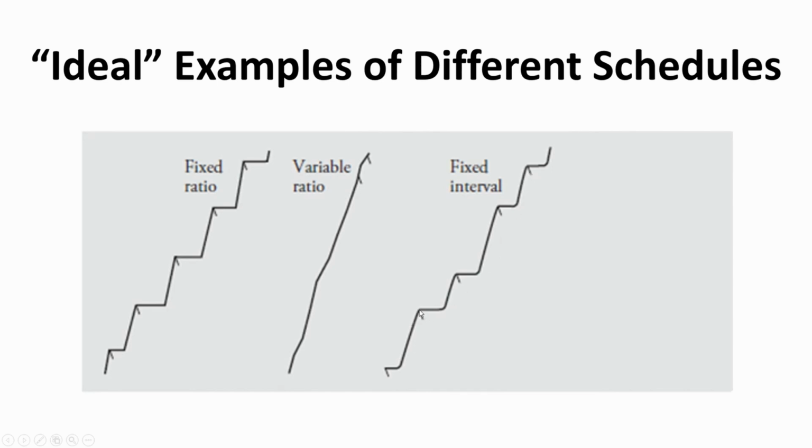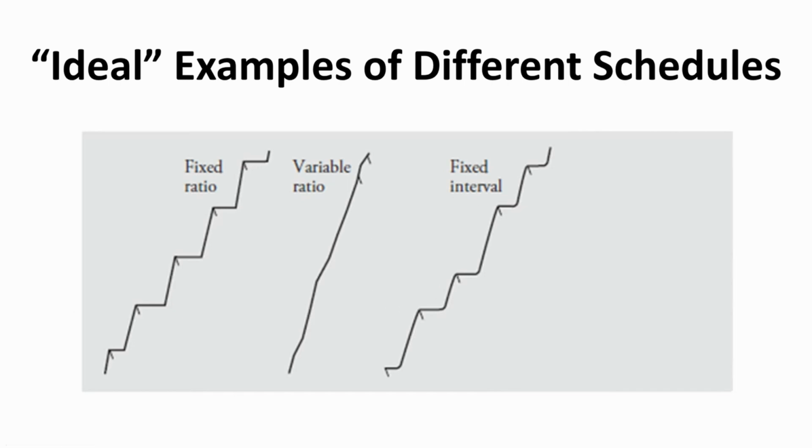There's a trailing off of behavior, same as before, where immediately after getting reinforcement, you know that you're not getting reinforced for a while, so you stop responding, and then you slowly start responding more and more until you're responding fairly often and fairly quickly right before the next reinforcement period.